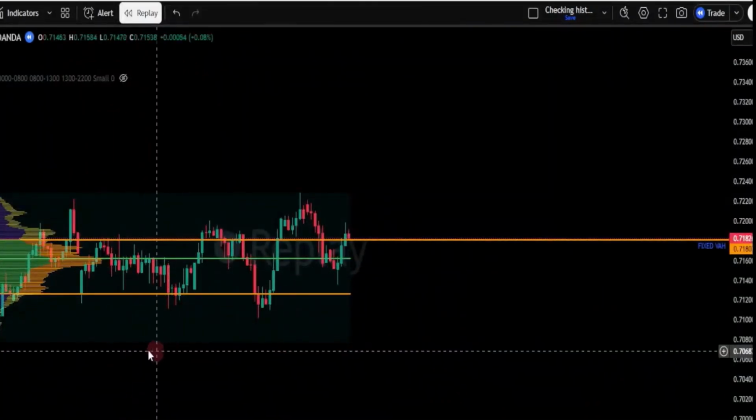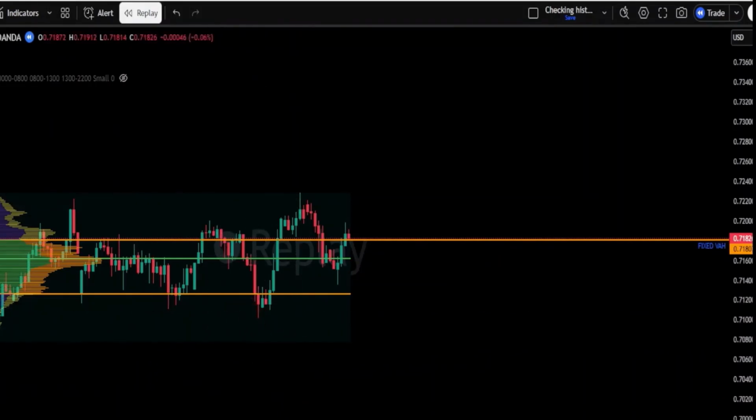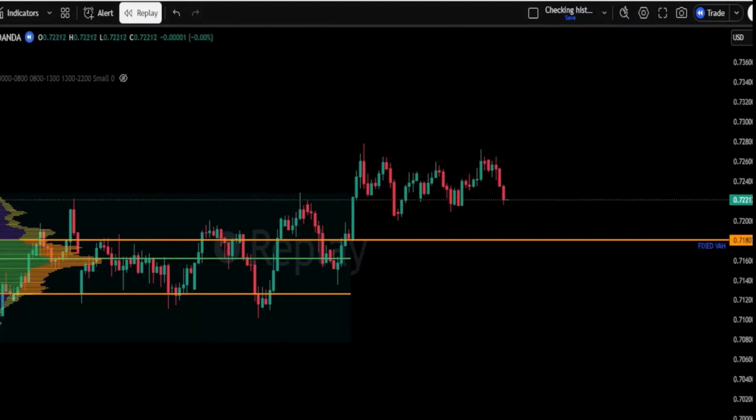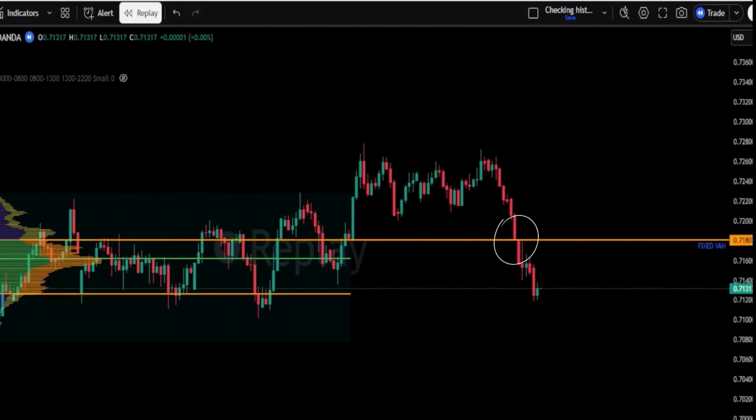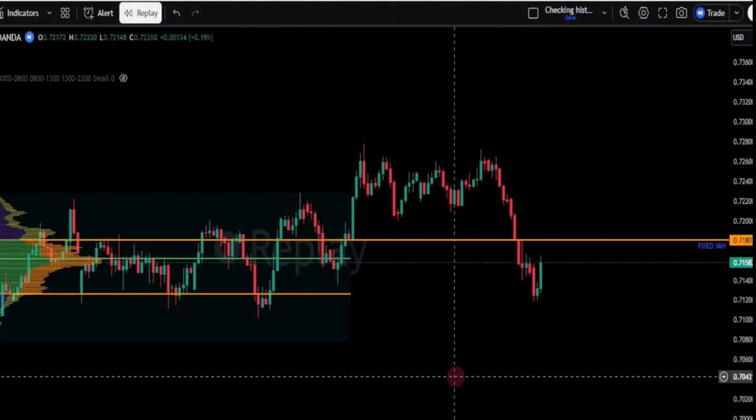Now, this example is just as important as the previous one. Price broke out of this range, but when price comes back to the fixed value area high, it slices straight through it, and that tells you something critical. When price cannot hold the fixed value area high, that level flips.